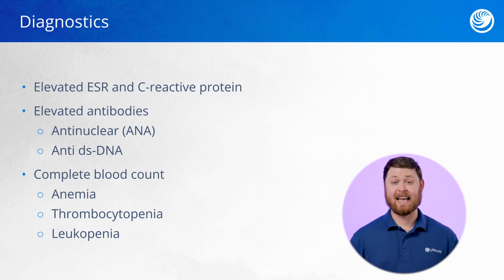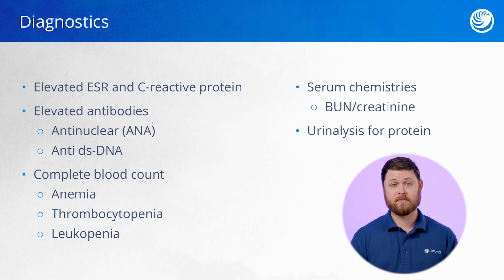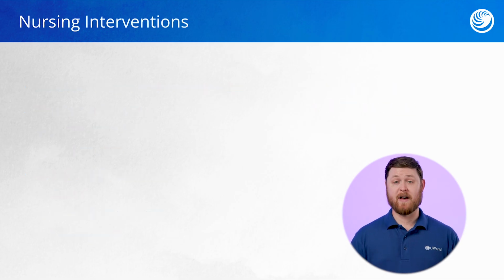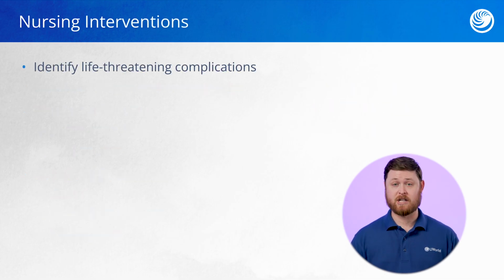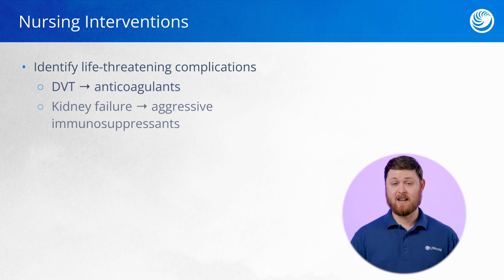And because these antigen-antibody complexes can interfere with normal kidney function, we want to be assessing laboratory values associated with the kidneys, such as BUN and creatinine, and performing a urinalysis to assess for the presence of abnormal proteins within the urine itself. Lupus can lead to the development of life-threatening complications, such as deep vein thrombosis or DVT, and kidney failure.